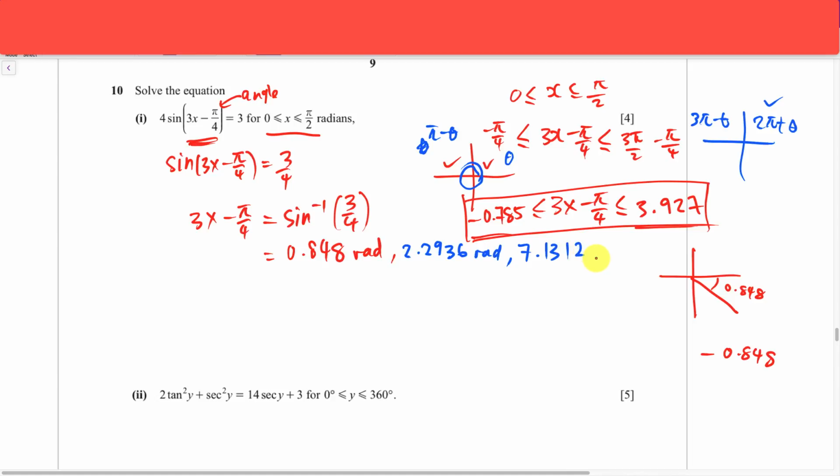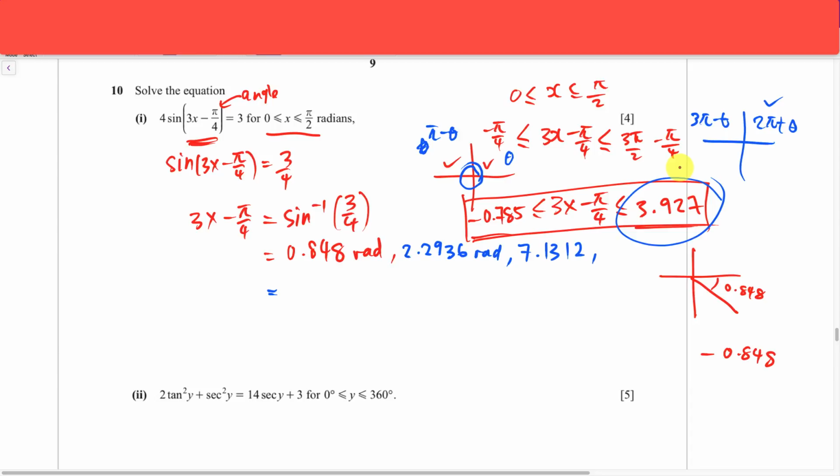Because this value later, I still need to plus pi over 4 and divide by 3, I will stop here. Of course, if you want to find one more you can, but 3 pi minus 0.848, I think the value is very big already, so I will just stop here, because my answer should be less than 3.9.